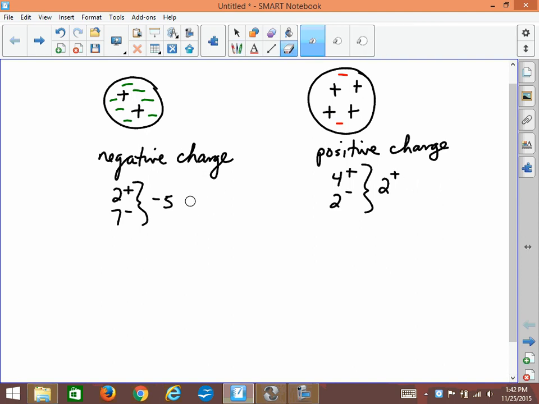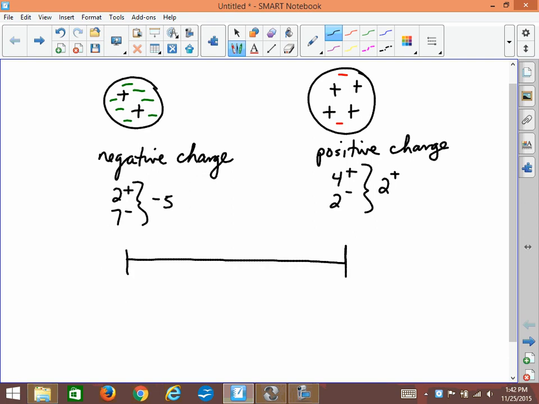If we have a -5 and a +2, then there is obviously a difference between these two charges. And the difference is a difference in something we call the electric potential.